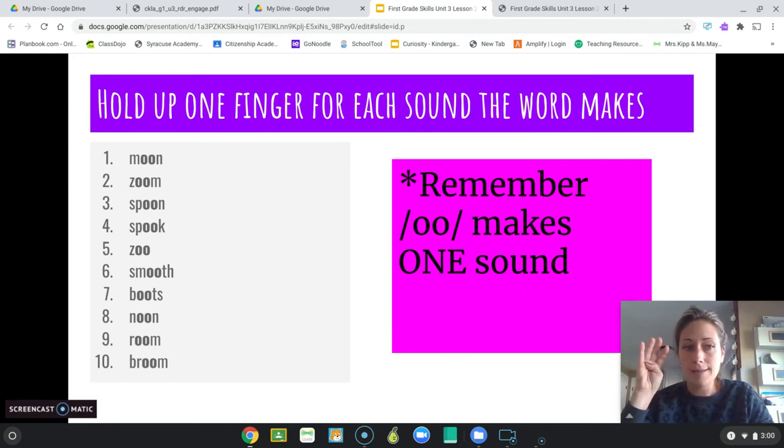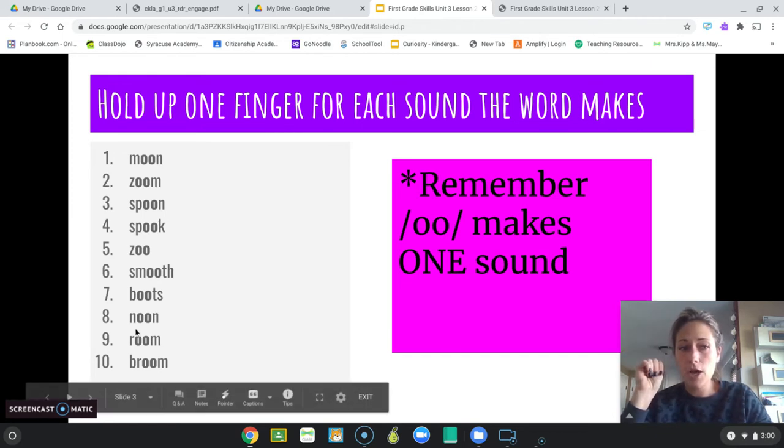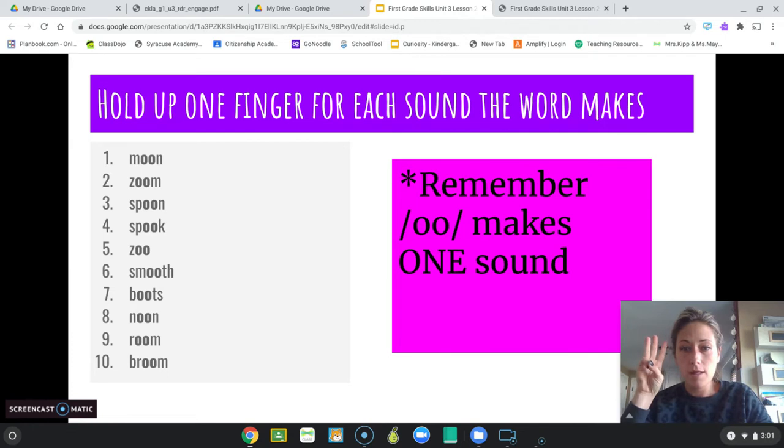Smooth has 6 letters, but only 4 sounds. Number 7, boots. B, ooh, t, s. Boots has 4 sounds. Number 8, noon. N, ooh, n. 3 sounds in noon.